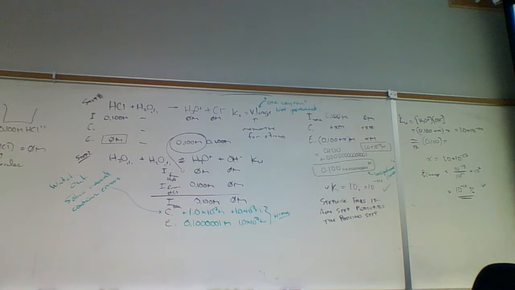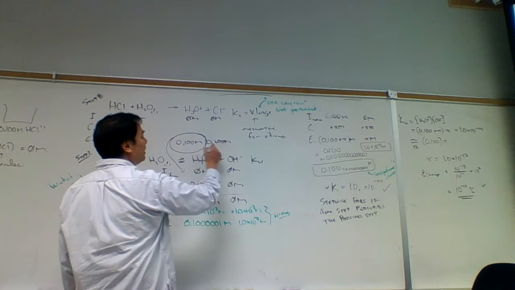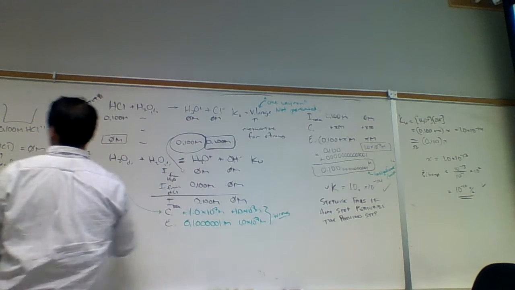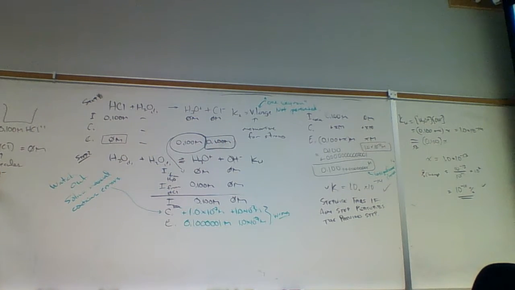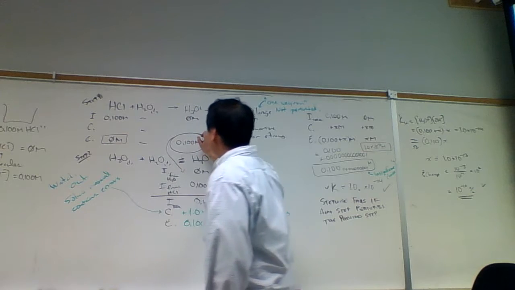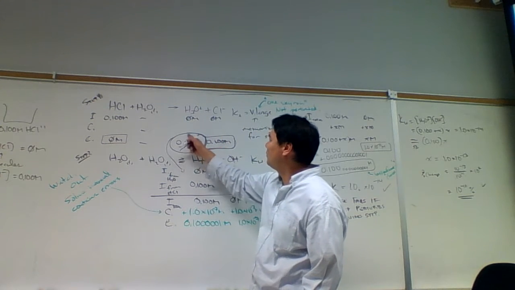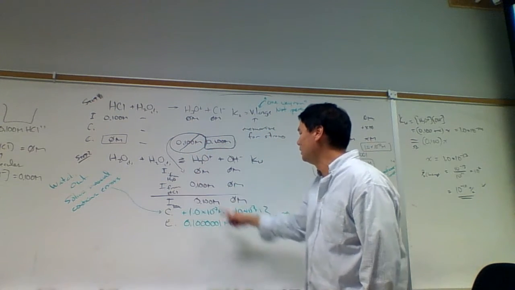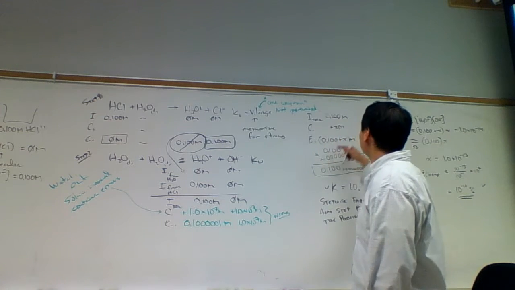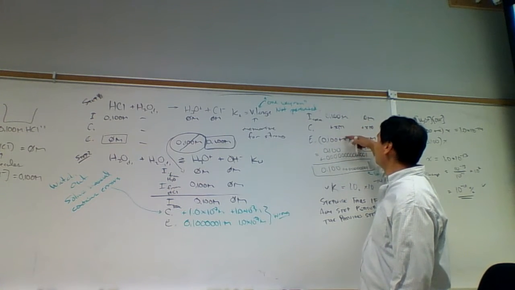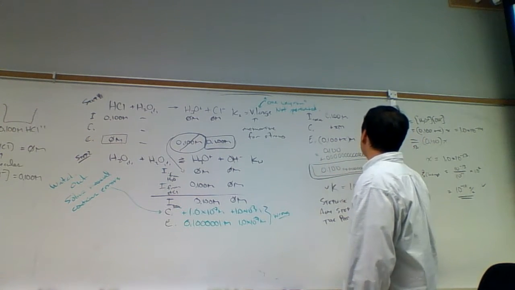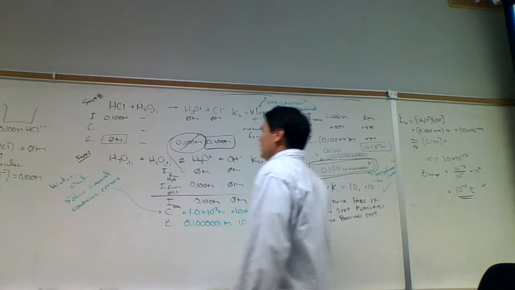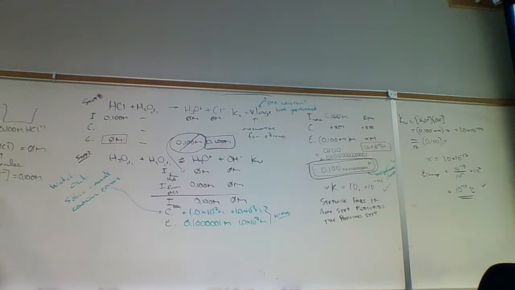And so instead, what I'm going to find is this. So let's go down the list. I'm going to find chloride. What's the concentration of chloride? Chloride's going to be 0.100 molar. And then this 0.100, I don't want to double count because this 0.100 went down to the next step here. And so it's still there. The 0.100's here, and then we're adding a little bit to it. And so this is the final amount of hydronium.